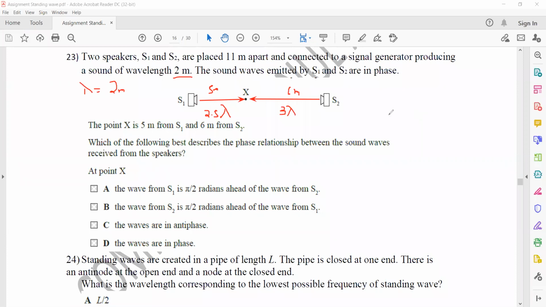And the path difference between them: 3 wavelengths minus 2.5 wavelengths is equal to 0.5 wavelength, or half a wavelength. Whenever the path difference is half a wavelength, we will have destructive interference. So the phase difference should be pi radian.